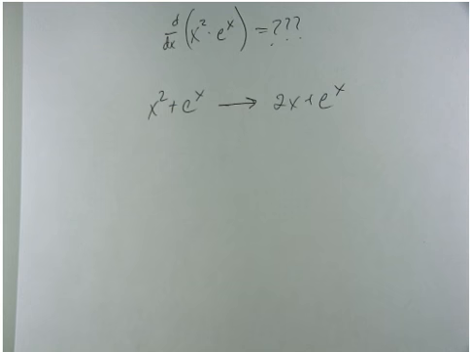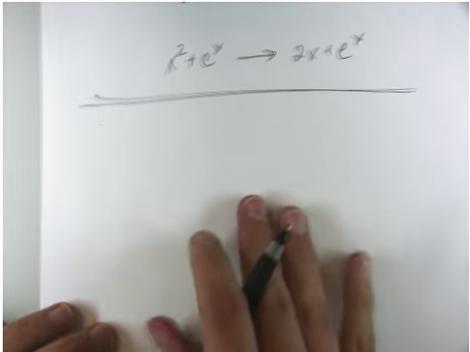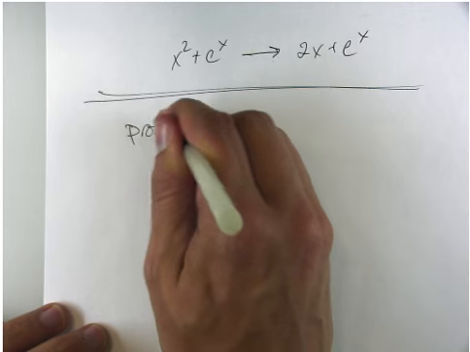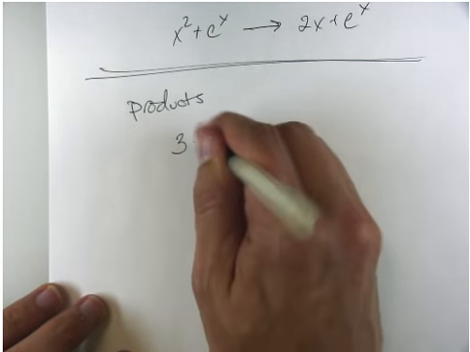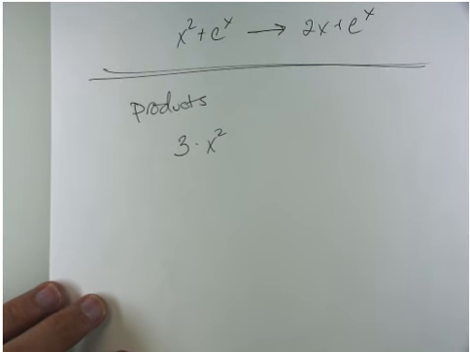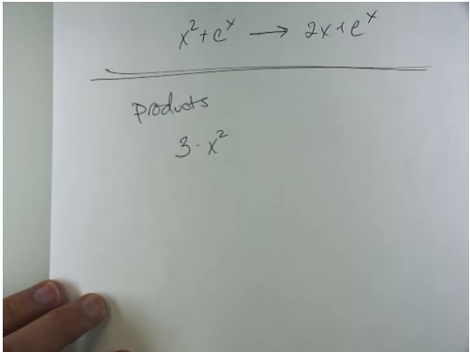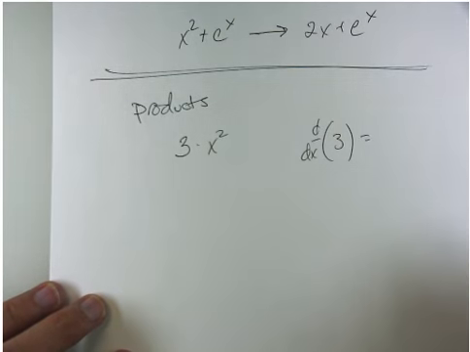Let's look at a type of function that we know that's a product and see whether the same type of thing would work. Let's take something like 3 times x squared. That's a product. It's a constant product, but it's a product. The derivative of 3 is what? 0.